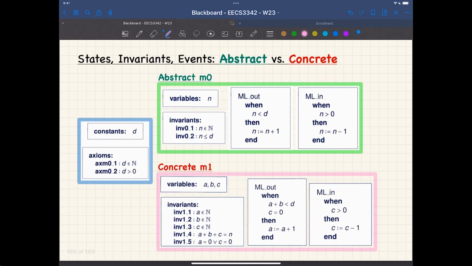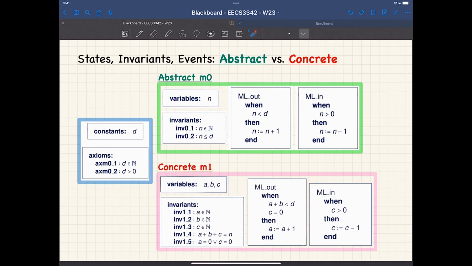Okay, this one here, very quickly. This part over here really tries to compare the 2 states, right? So you got the shared static part. So that's the constants and axioms. It is shared by the initial model and also the concrete model over here.